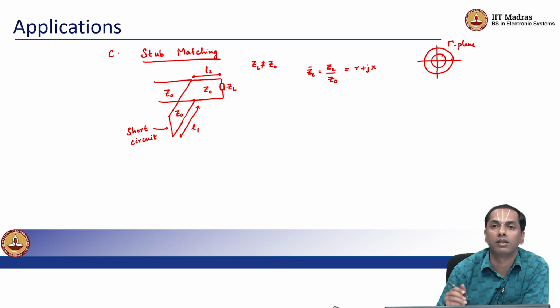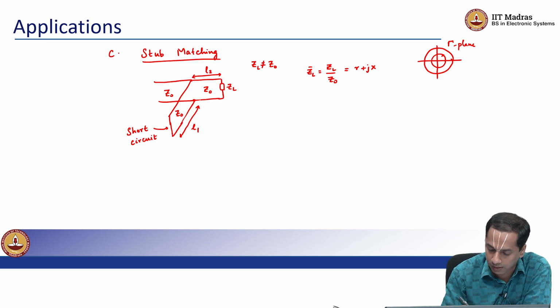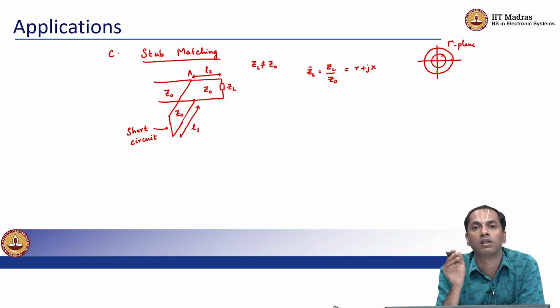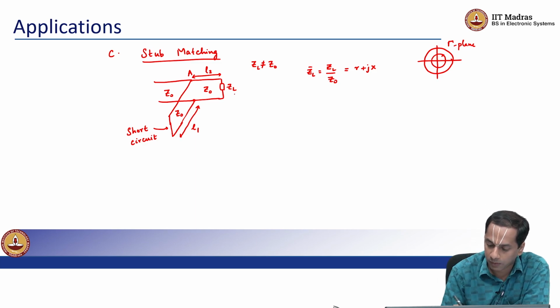But nevertheless, you can show that at this point, let's call this junction A, where we split off in two directions, one to the short circuit and the other to the load of interest, I can transform this ZL.